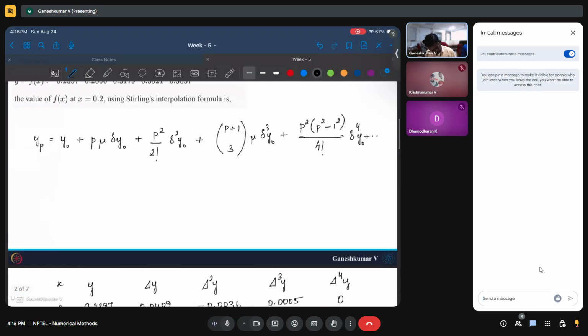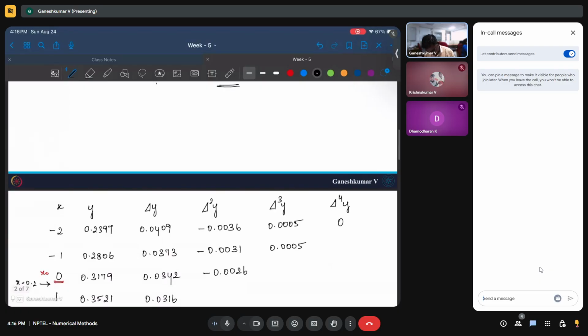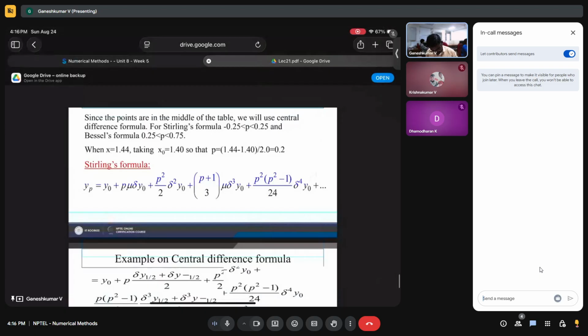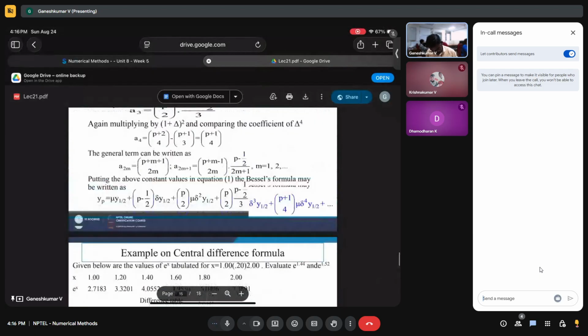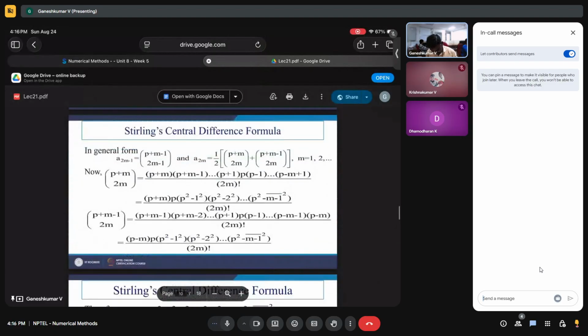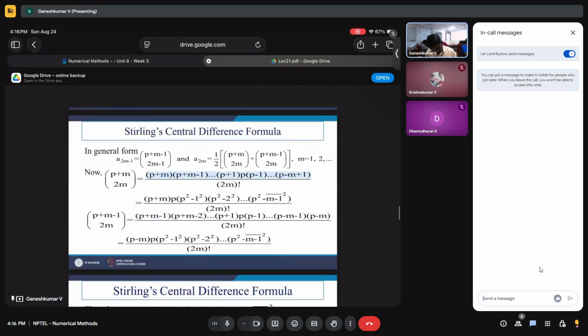Now you can start substituting here. We need to know what this p plus 1 is. This is a permutation, so let's go back to the slides. So you have here p plus 1. In general you can write this as p plus m choose 2m, which can be written something like this.